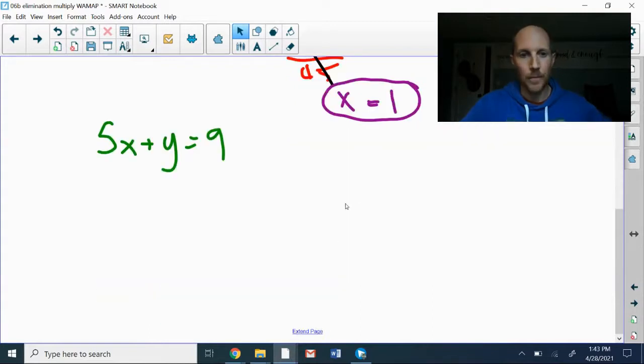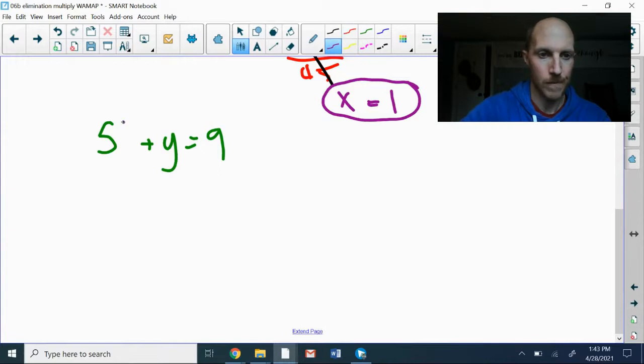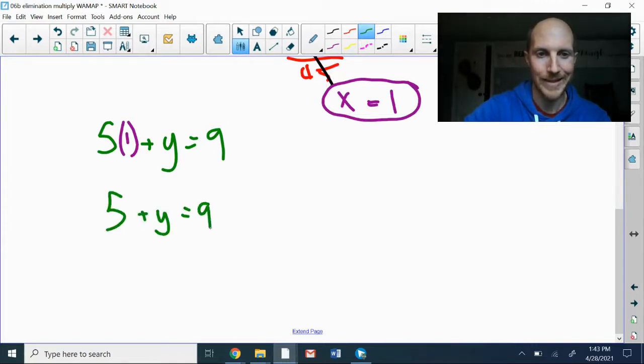All right, so I'm going to substitute 1 in the place of that x right there. So first of all, we're going to multiply 5 times 1, so that is 5. So I get 5 plus y equals 9. And then in order to solve for y, I'll need to subtract 5 from both sides of the equal sign.